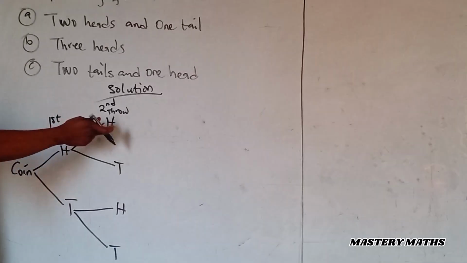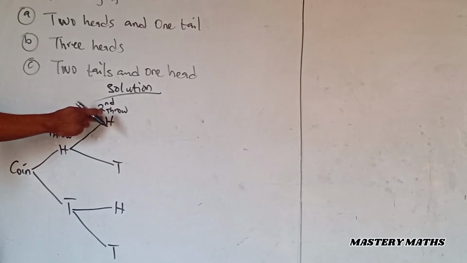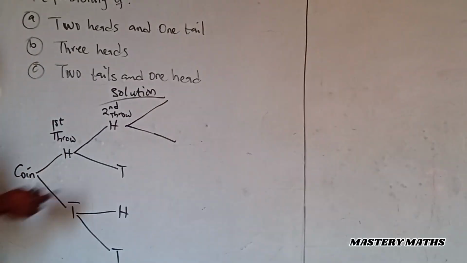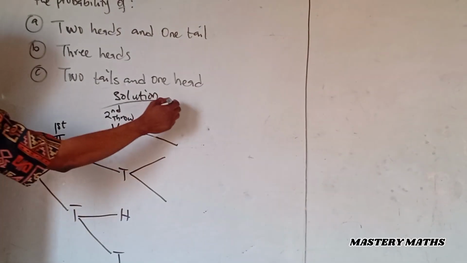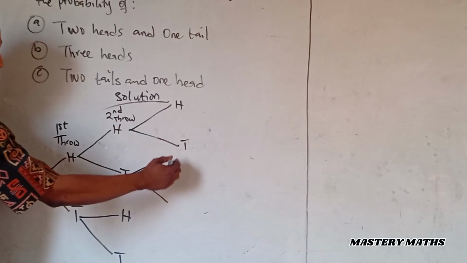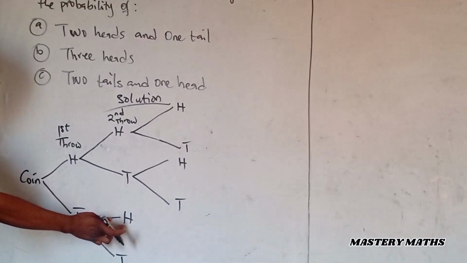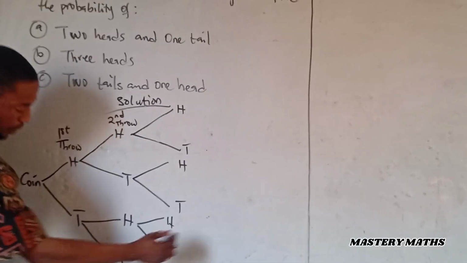Now that second row of the head will produce head and tail again. The tail will produce another head and tail. You have your head and tail, your head and your tail. This second one also produces a head and a tail.